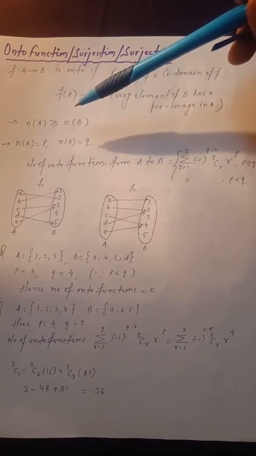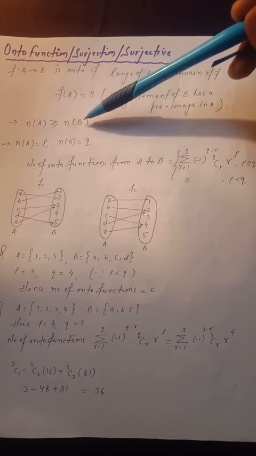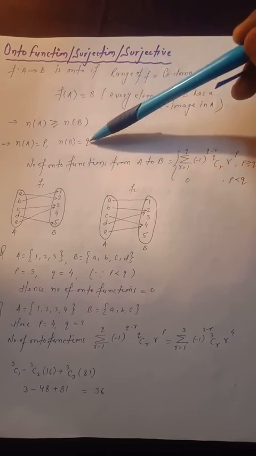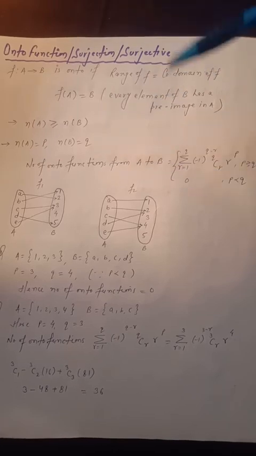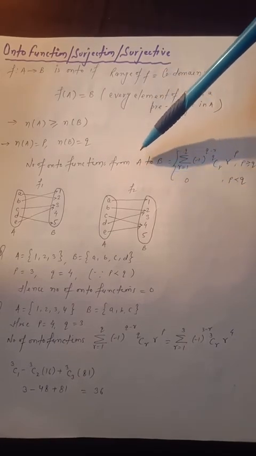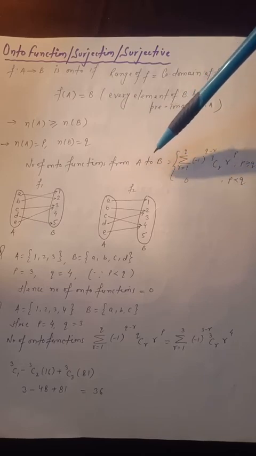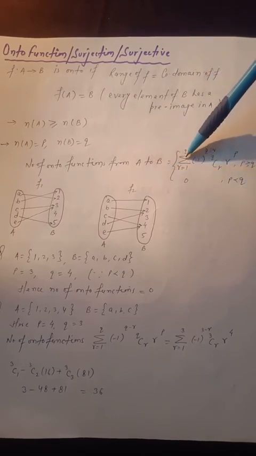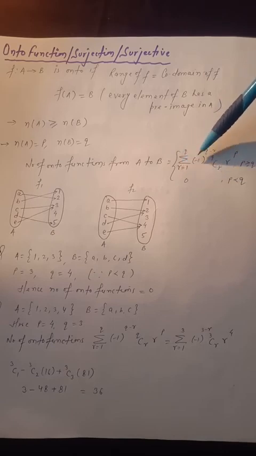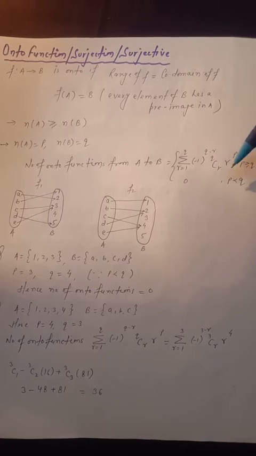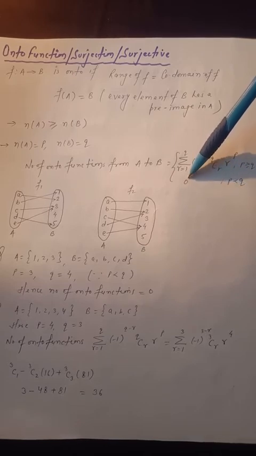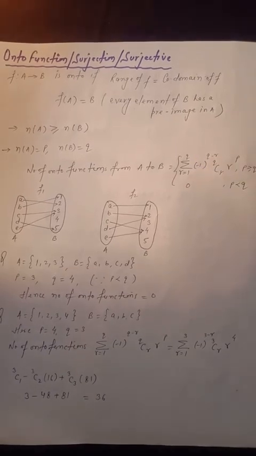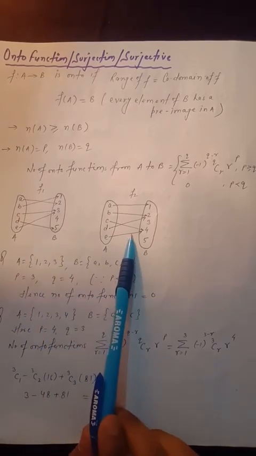In case of one-one, P should be less than or equal to Q, but here P should be greater than or equal to Q. We will not discuss the derivation here, but you must remember the formula for the number of onto functions from set A to B: it is the sum from r = 1 to Q of (-1)^(Q-r) QCr r^P, when P is greater than or equal to Q, and otherwise when P is less than Q, it is 0.